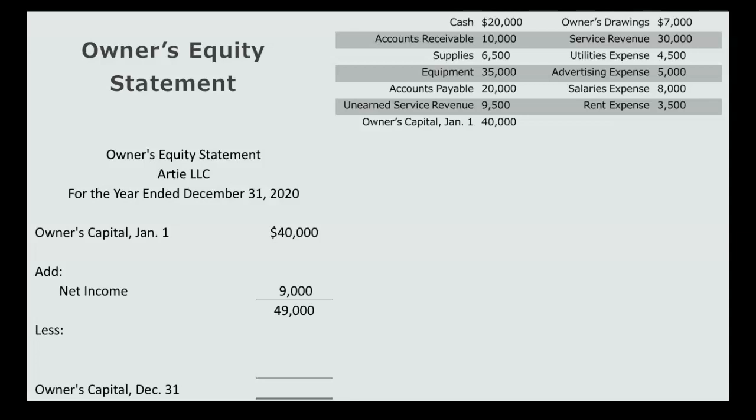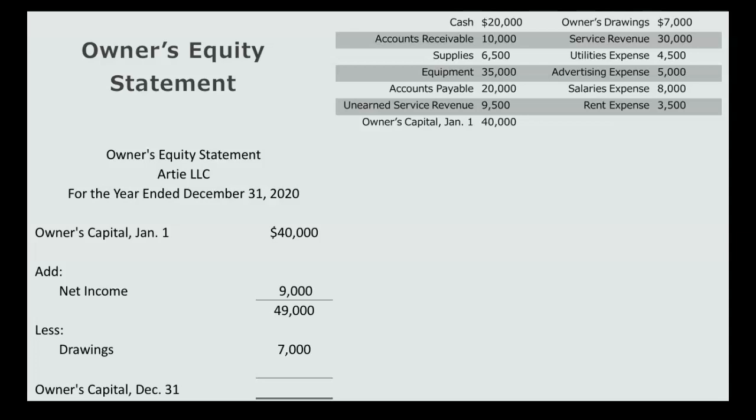Now, under less, we know that that's going to be our owner's drawings or our net loss. But we definitely don't have a net loss because we just put our net income on this statement. So we take a look over at the account balances in the upper right, and we see that we have $7,000 of drawings.